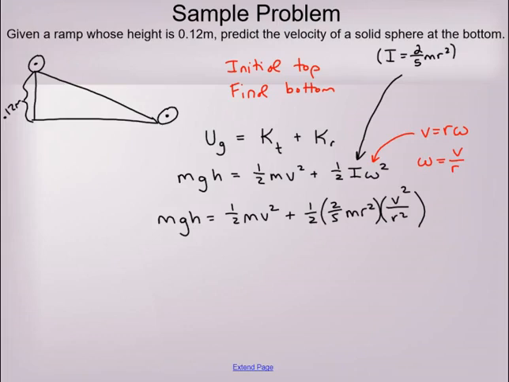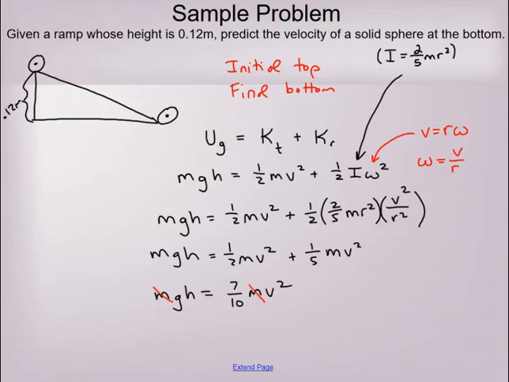And I end up seeing how r squared cancels in the term to the right. And so I have mgh equals 1/2 mv squared plus 1/5 mv squared. Now I combine like terms: 1/2 plus 1/5 is 7/10.